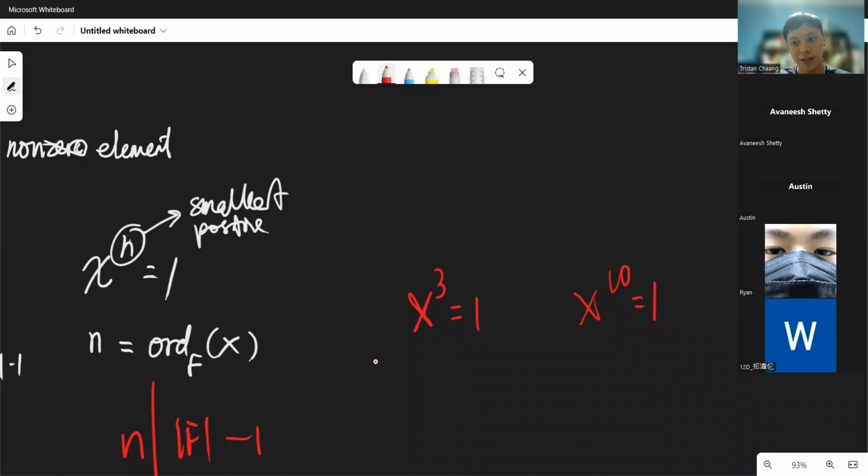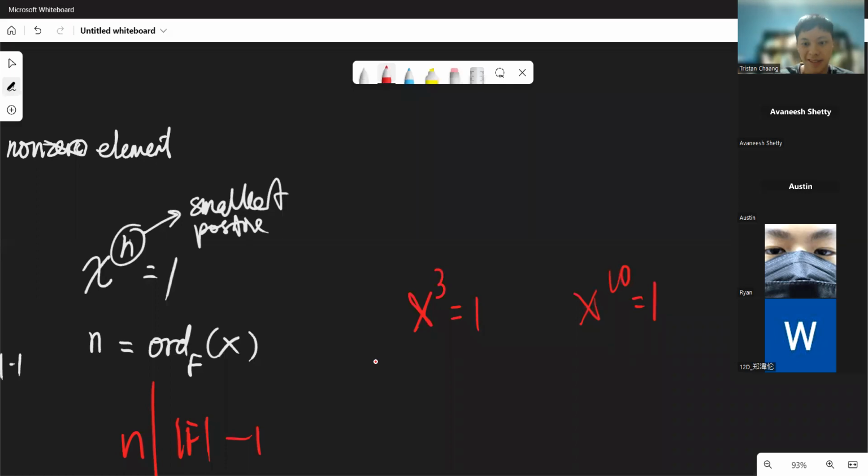Remember, in fields, we can safely talk about cancellation, as long as it's not 0, which I assume here: x is not 0. So you can say x to the power of 6 is 1, x to the power of 9 is 1, right? But if x to the power of 9 is 1, x to the power of 10 is 1.